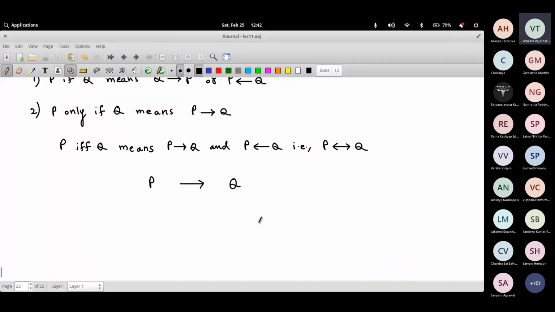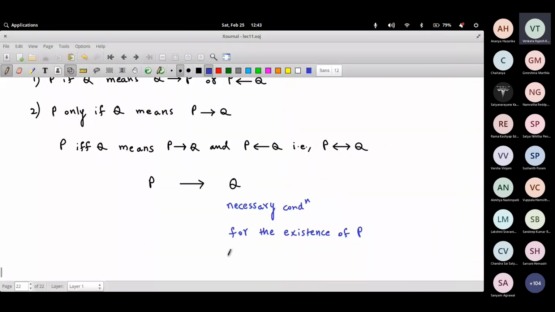All right, so here Q is a necessary condition for the existence of P. All right.